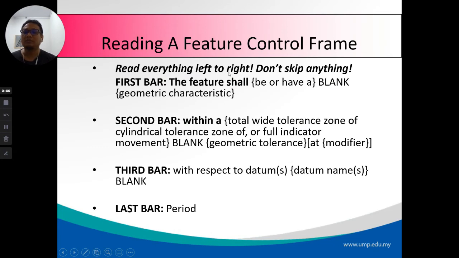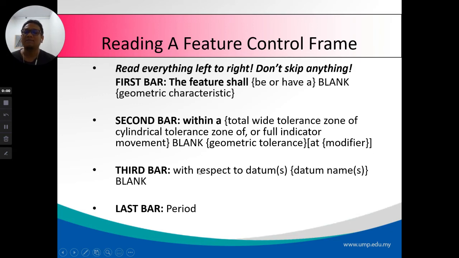So you read it from left to right. Don't skip anything. The first bar has a template: the feature shall be or have a blank geometric characteristic. The second bar: within a total wide tolerance zone or cylindrical tolerance zone, or a full indicator movement, blank geometrical tolerance, and a modifier.